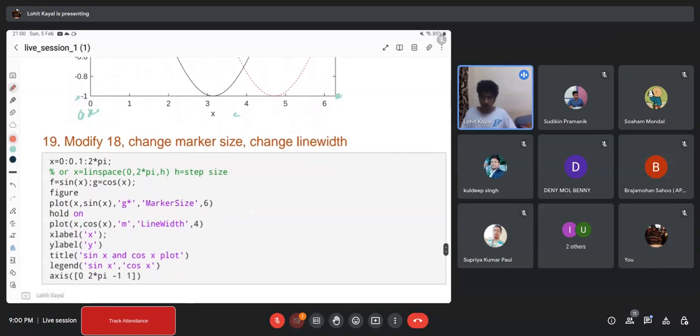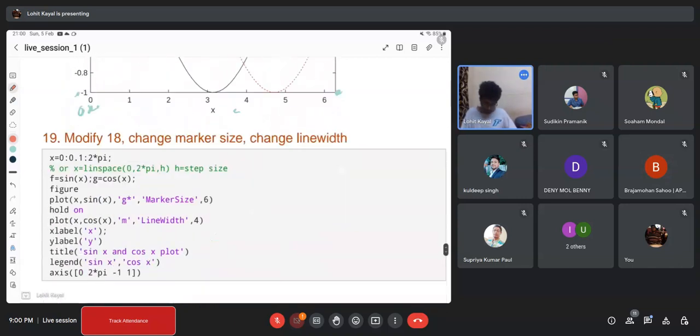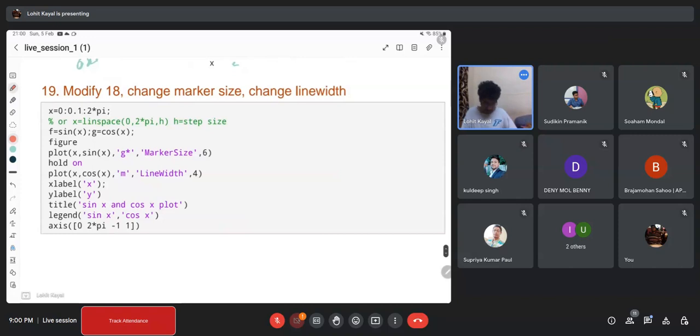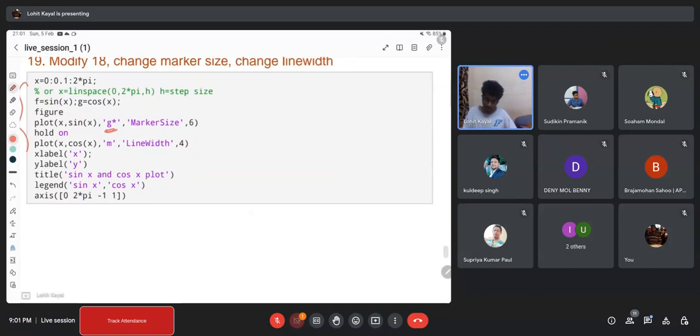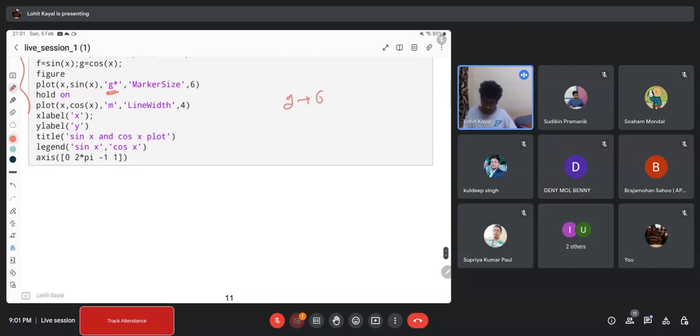Now we want to make this plot even more fancy. These things are all the same. Here I have mentioned G star. This is the new thing. G means green, and G star means green star, so the marker will be star.